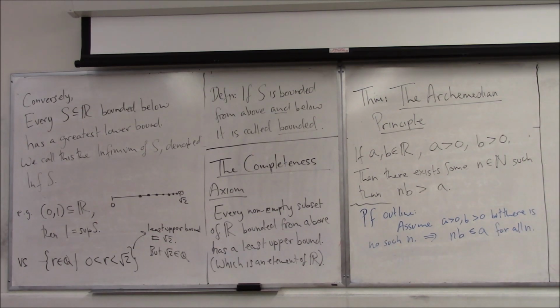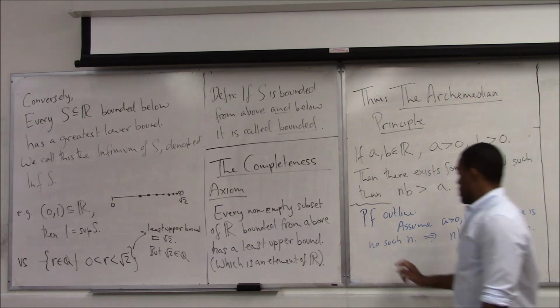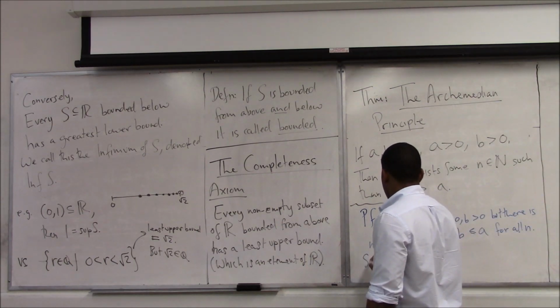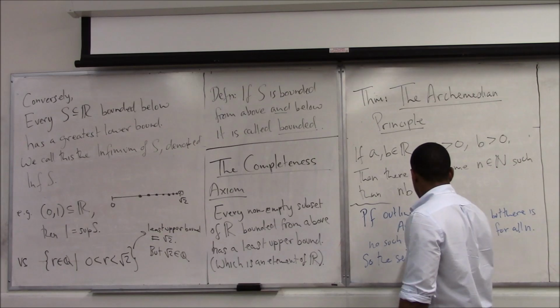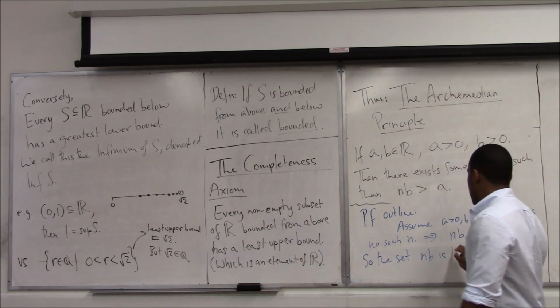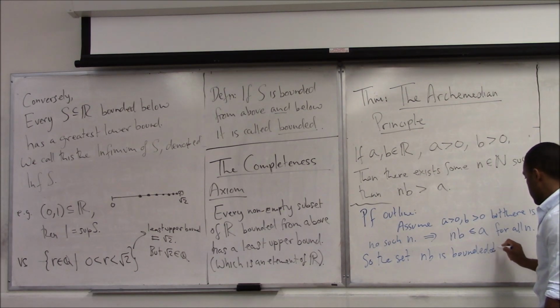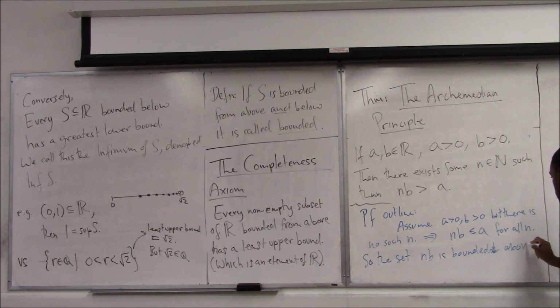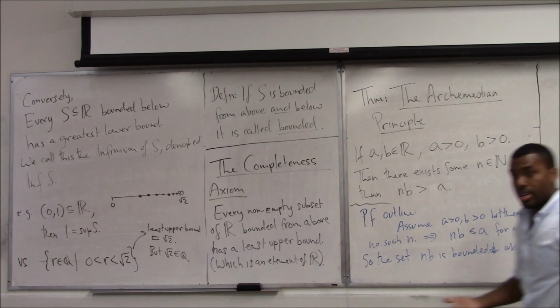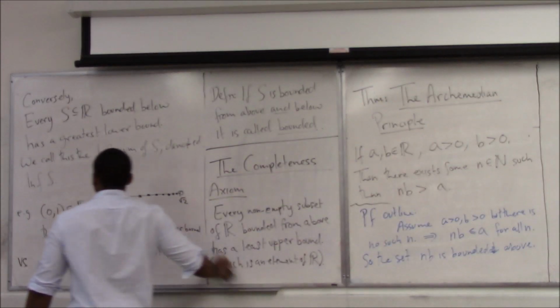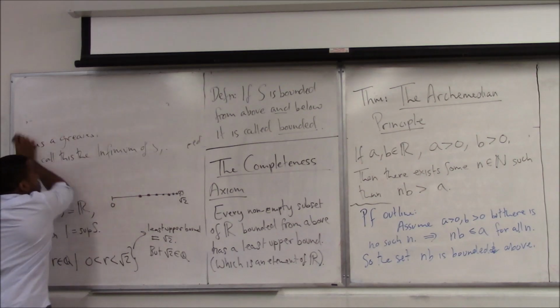Because that's the opposite. So the set of nb is bounded above. There's a number that's always greater than or equal to everyone. Therefore, it has a least upper bound because we are in the real numbers and that is an axiom of the real numbers.